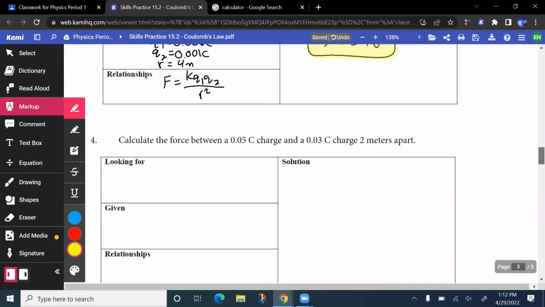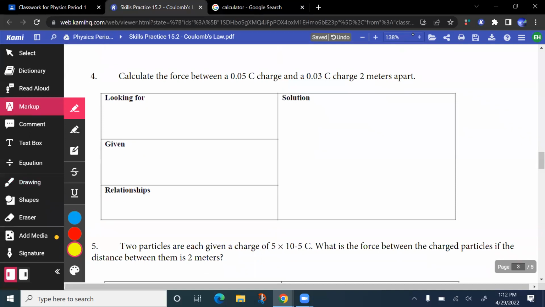Again, please remember to practice putting this in your calculator so that you can do this independently as well.